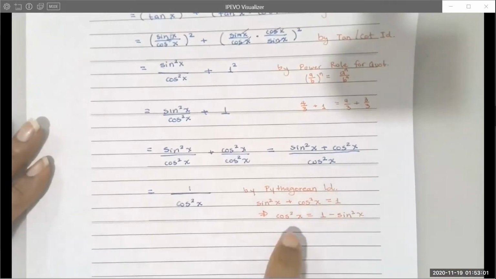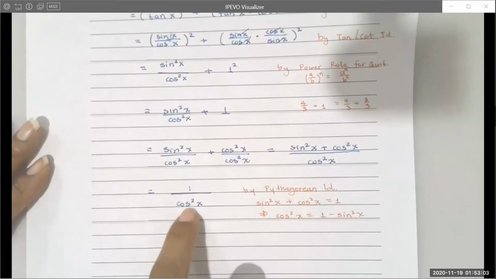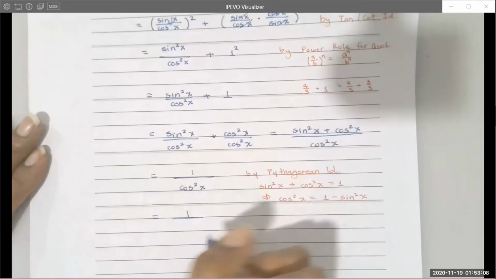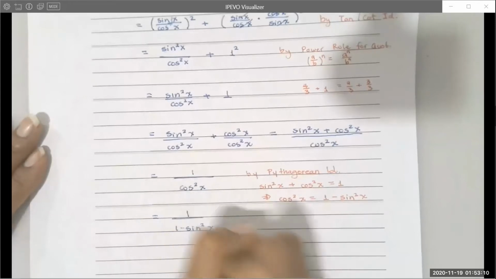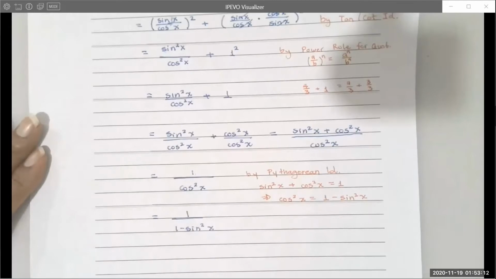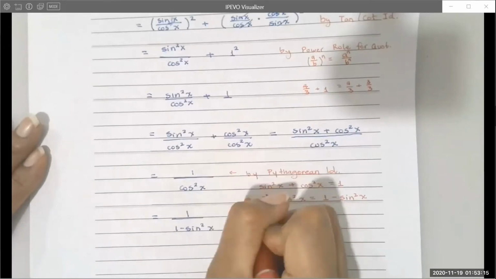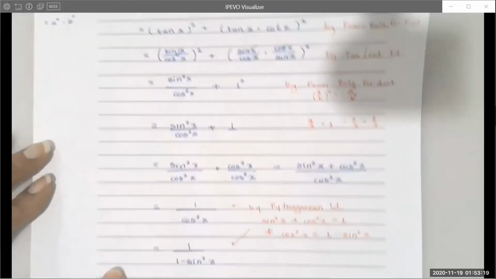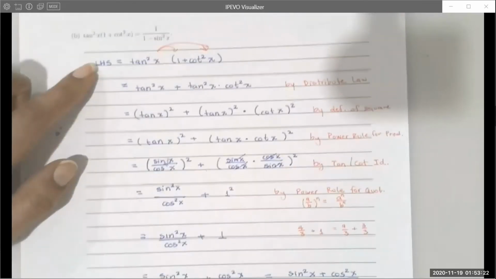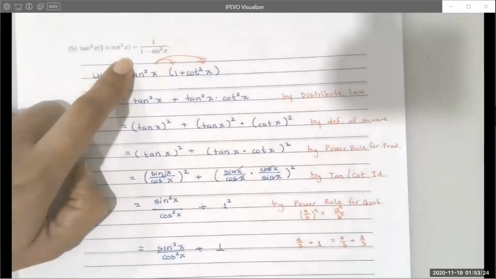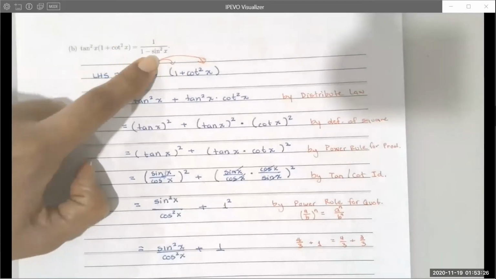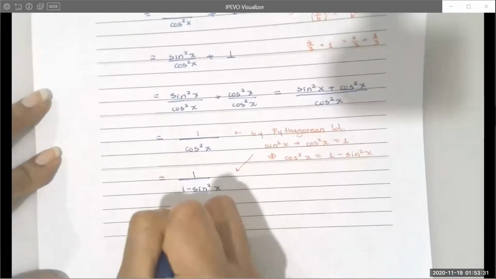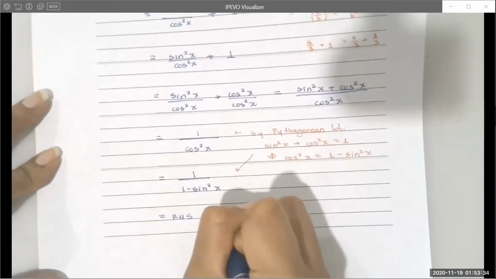So we can actually use that same identity now to replace the cosine squared x. We would get 1 over 1 minus sine squared x. Again, by the same thing. And if we look up at the equation, we see that that is the right-hand side that we were trying to reach. Okay, so now at this point, we're done. The left-hand side is equal to the right-hand side, which means we have an identity.